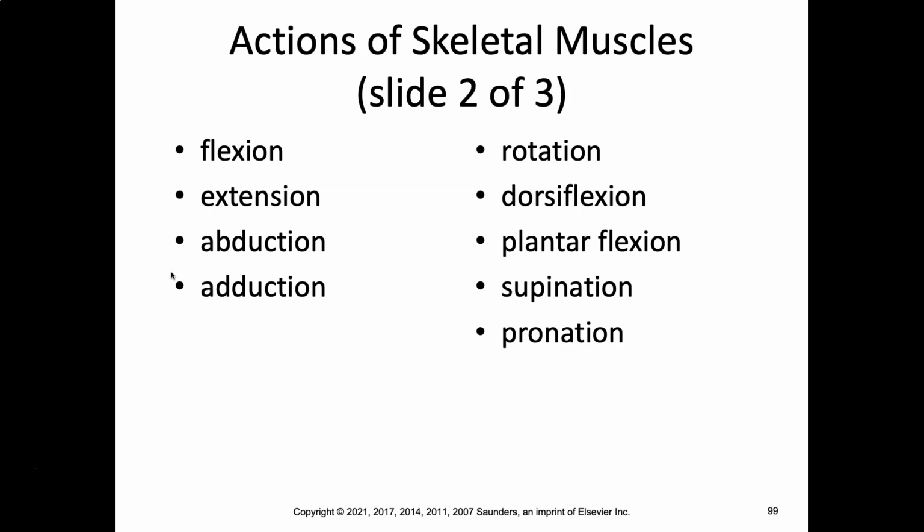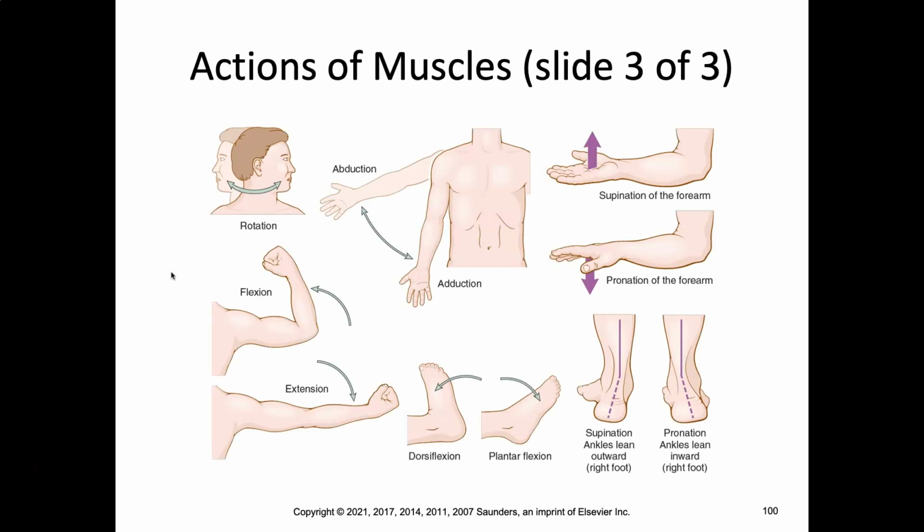There you go, some lovely words. I'm going to leave you to study up on what all of those are, but for most of these, you should be very familiar with them as you break them down, ab and ad particularly, and supine versus dorsal. Remember those? This just gives you the movement. It shows you the movement.